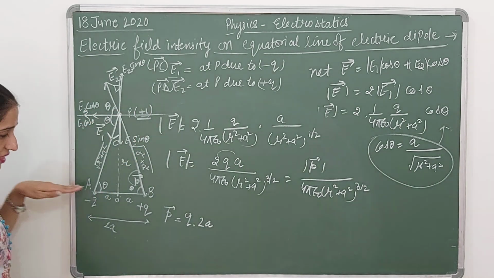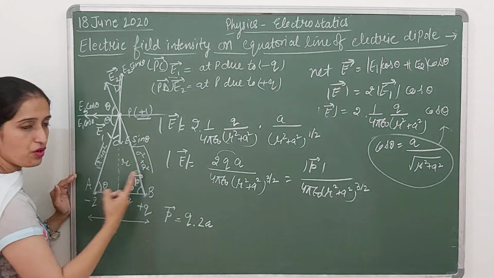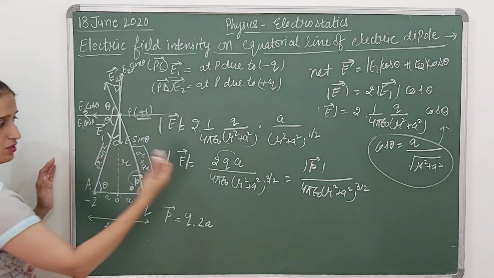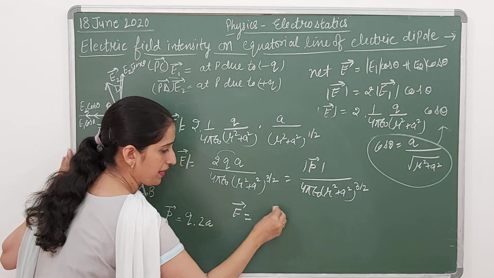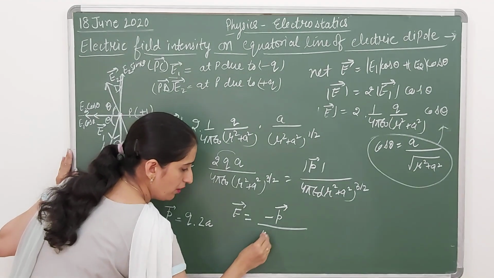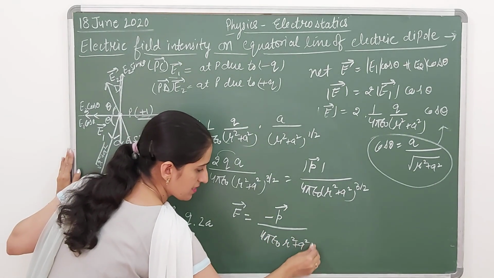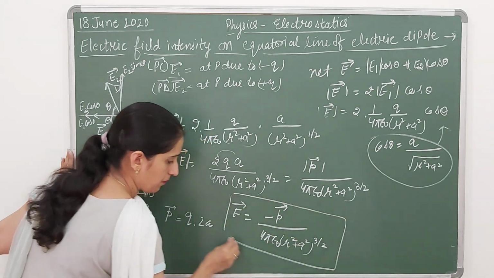If this is the direction of the electric dipole, P, its direction is from negative to positive, and they are acting in opposite directions. So we can write E is equal to minus P upon 4 pi epsilon naught R square plus A square to the power 3 by 2.